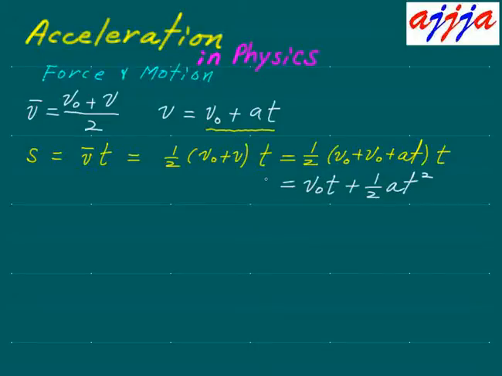Whoa, this is very important. You gotta remember this one. Maybe you can forget your name, but not this. So distance, which is s, equals v0t plus half at squared. Very important, you must remember this one.